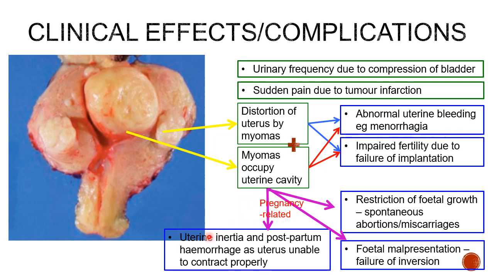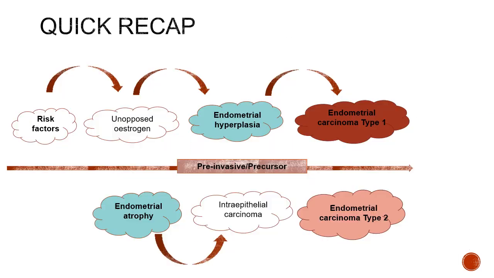And lastly, during and after birth, there could be a problem with contraction of the uterus, and the patient can have postpartum hemorrhage as a complication. Of course, a subset of patients are actually asymptomatic, especially if the uterine fibroids are small.